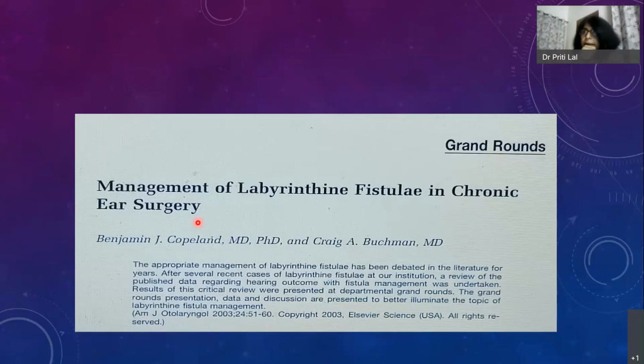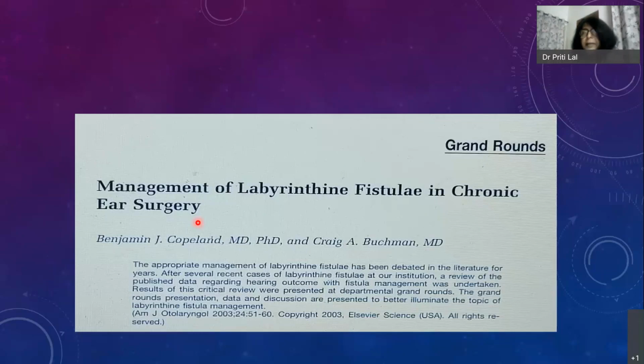But the cases where the matrix was left behind tended to have larger fistulas, and the cases where the matrix was completely removed were the ones where the fistula size was small.